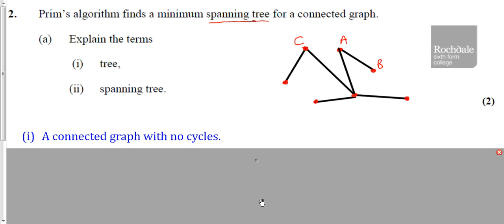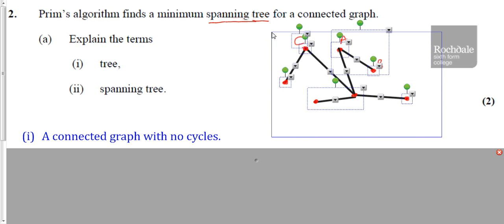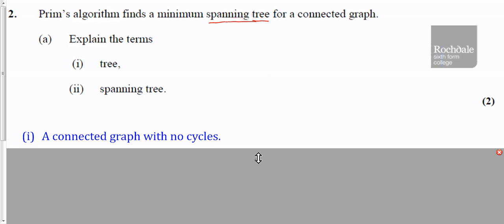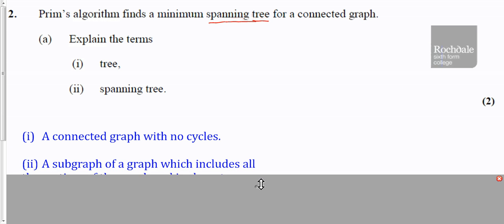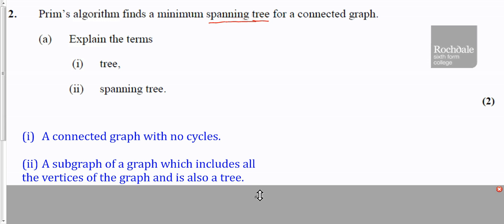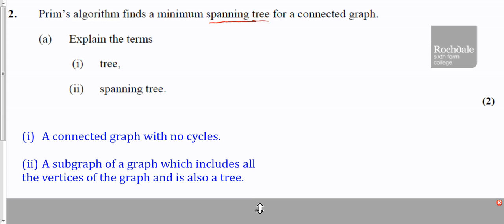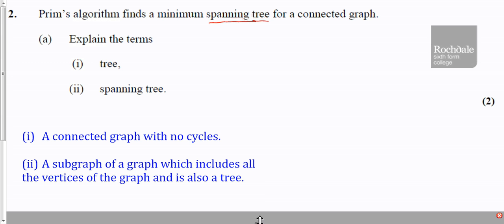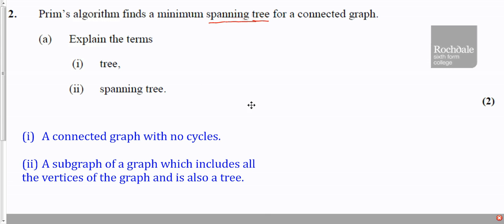Moving on now to a spanning tree. What do we mean by a spanning tree? Well, the definition of a spanning tree is a subgraph of a graph, which includes all the vertices of the original graph and is also a tree. So subgraph of a graph.